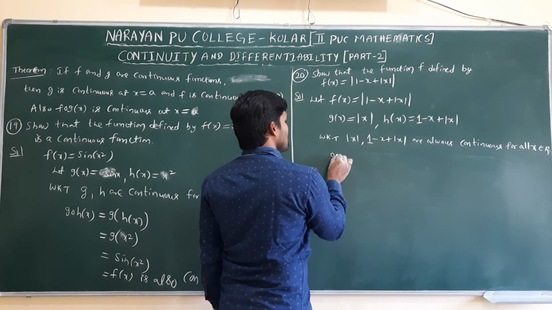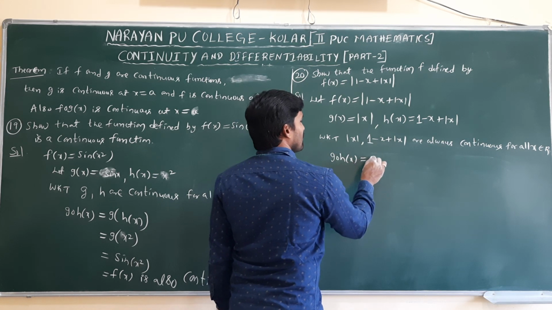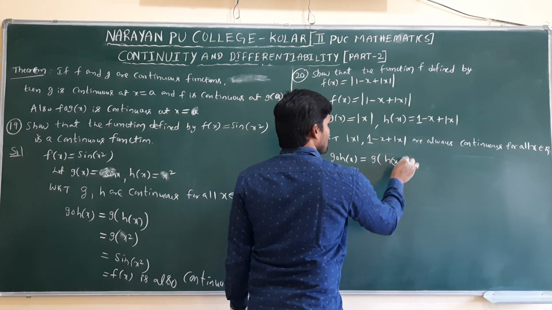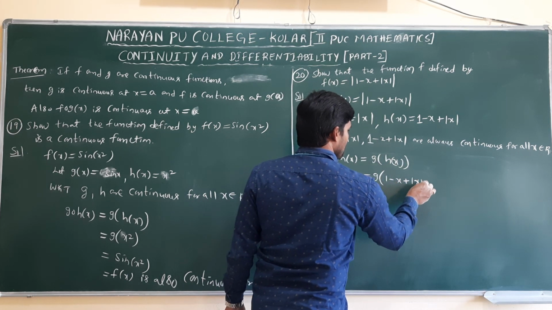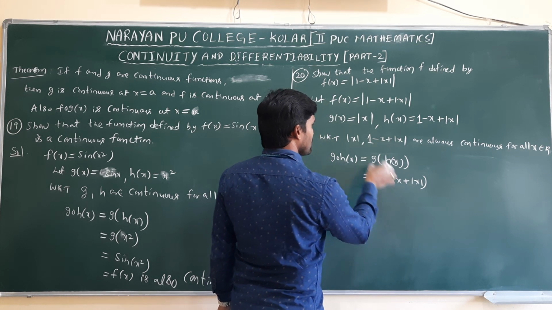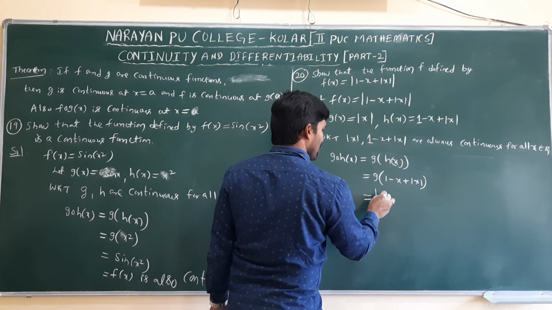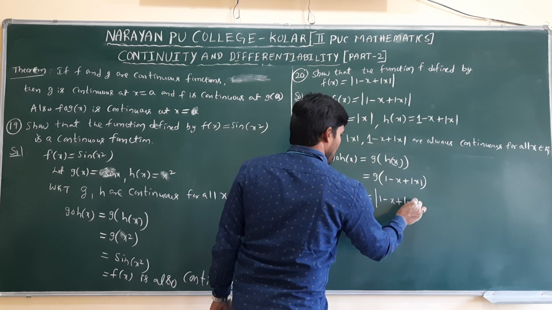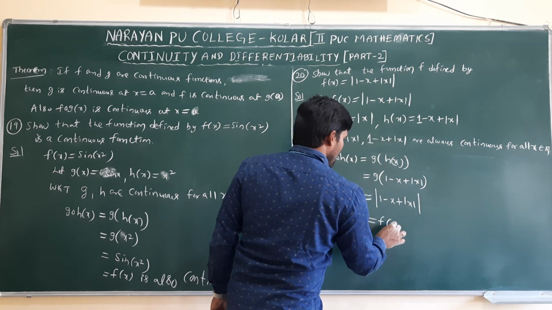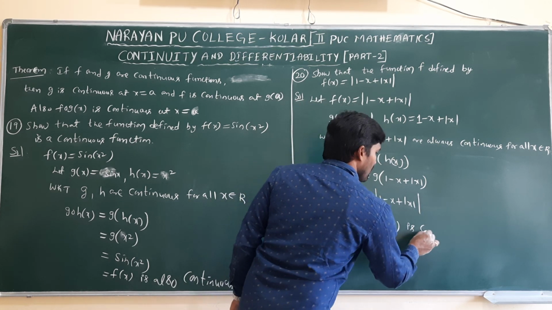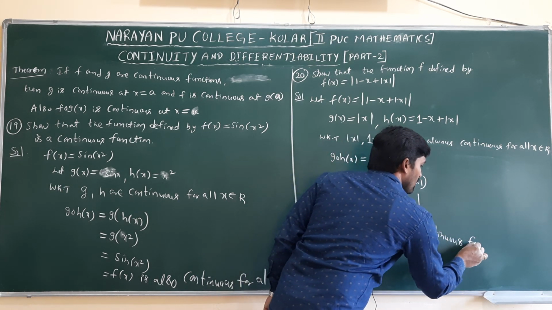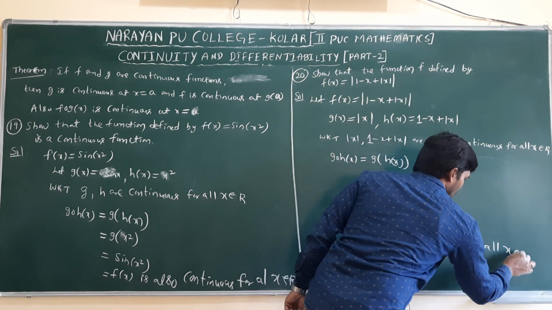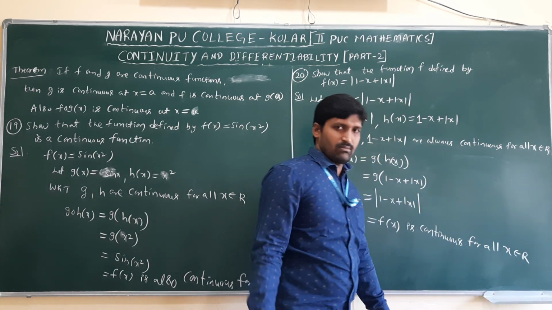So from this I will find out g circle h of x. g of h of x, g of what is h of x? 1 minus x plus mod x. This value we substitute in g function in the place of x. Modulus of 1 minus x plus mod x. This is f of x, which is continuous for all x belongs to R.